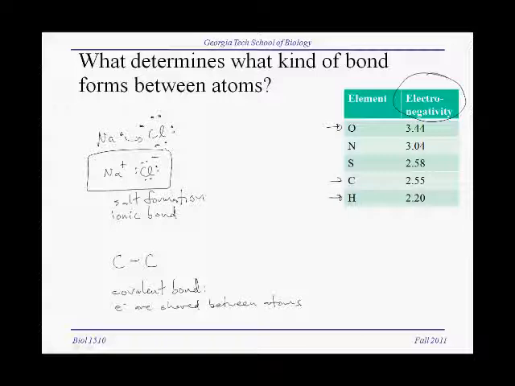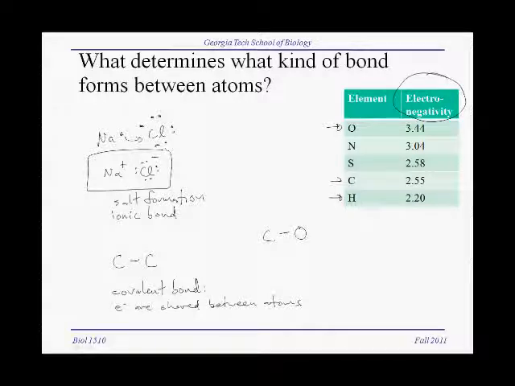So now when carbon forms a bond with oxygen, what happens is that the pair of electrons that's shared between the carbon and oxygen are shared unequally. And they spend more of their time orbiting the oxygen atom than they do carbon. Okay? So in that case, this is what we call a polar bond.